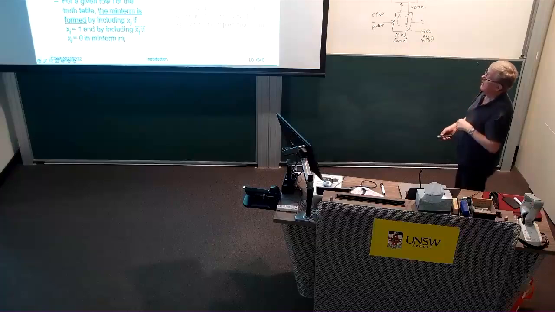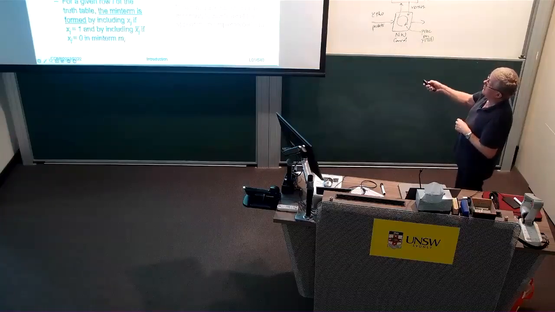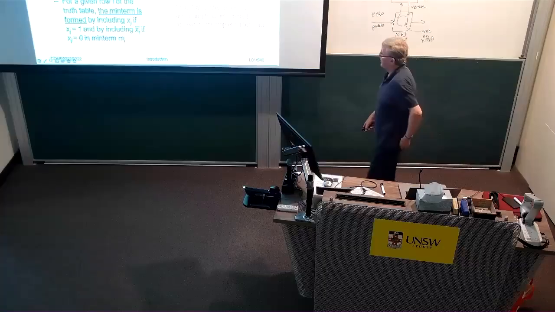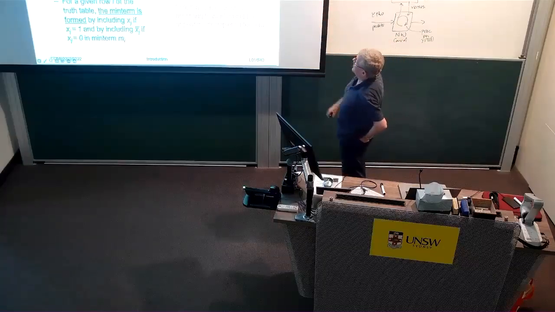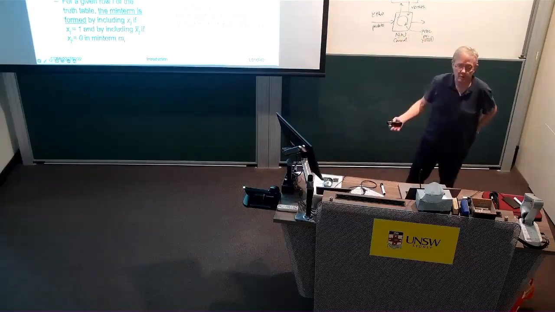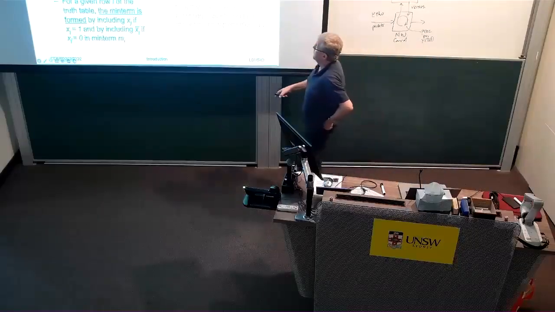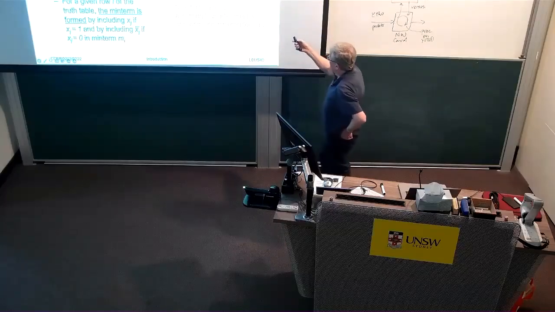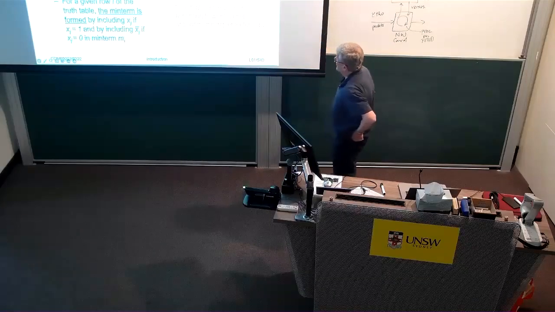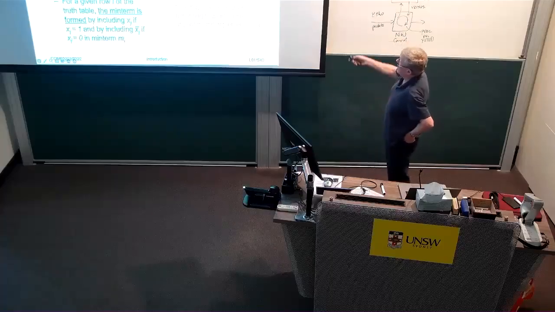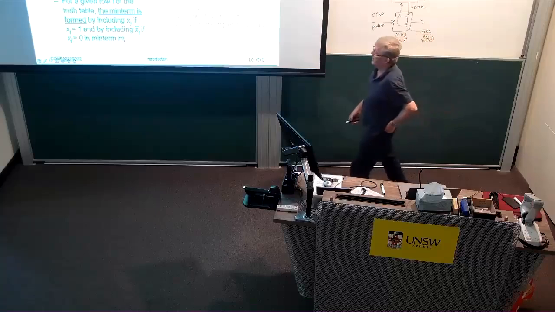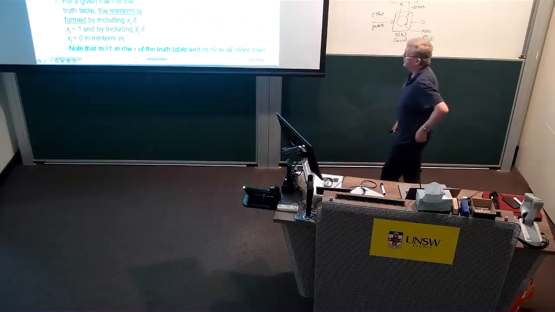If we list the min terms in the same order as a systematic elaboration of the valuations of the variables, they're going to be numbered according to which variables appear in uncomplemented form. So here we have M0, where none appear in uncomplemented form. M1 has only x3 appearing in uncomplemented form, and so on all the way through to M7, with all 3 variables being uncomplemented.